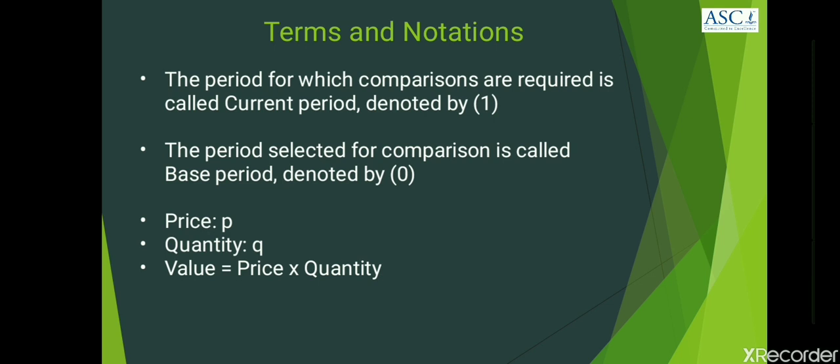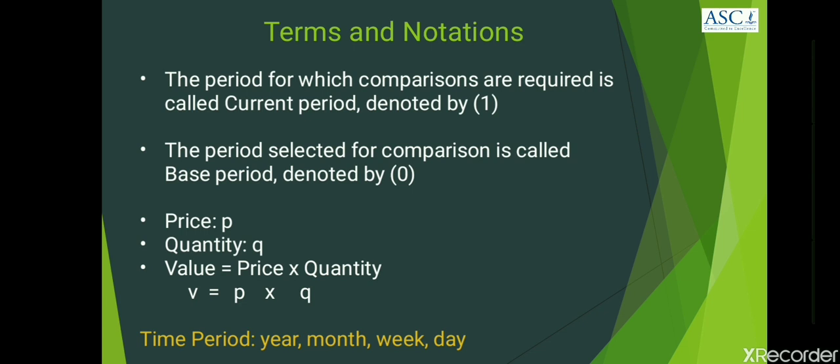It is the product of price and quantity. It is represented by small letter v and it is equal to the product of p and q. Once again, we had to remember this point. Time period may be year, month, week, day, etc.